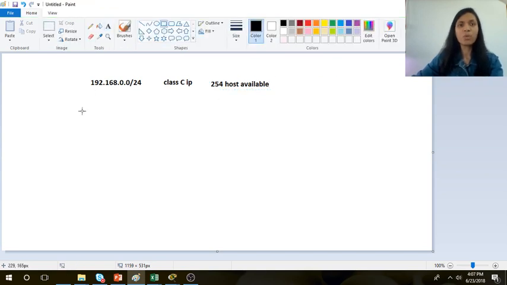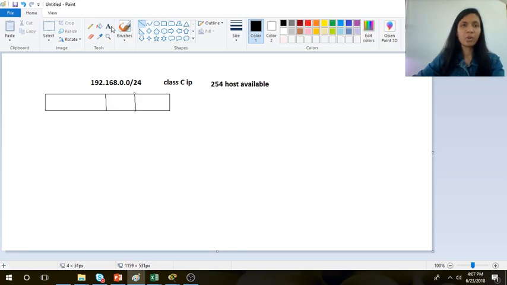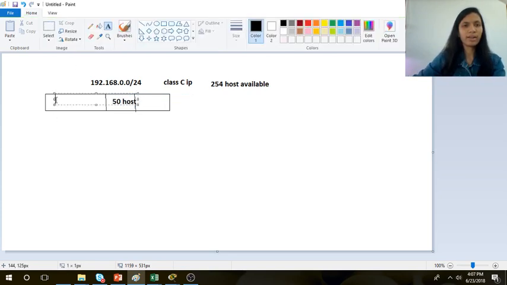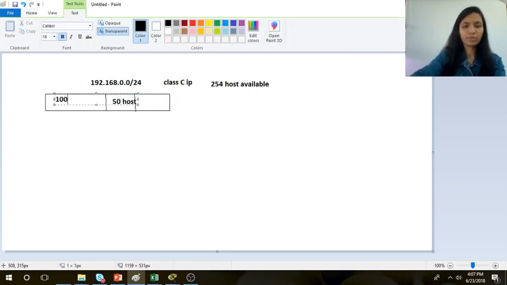Now suppose that you want to divide this entire network into smaller parts of variable length. You have one part which requires say 100 IP addresses, the other part requires say 50. I require 50 hosts and I require 100 hosts.